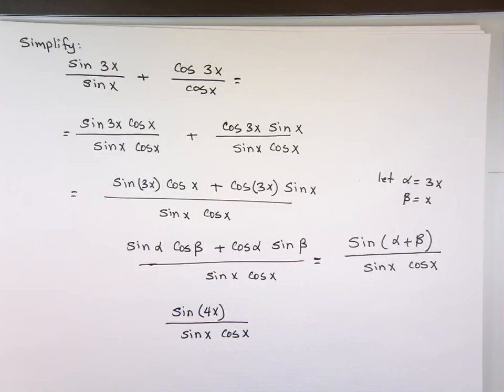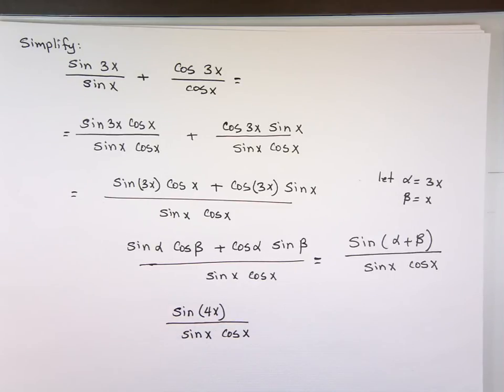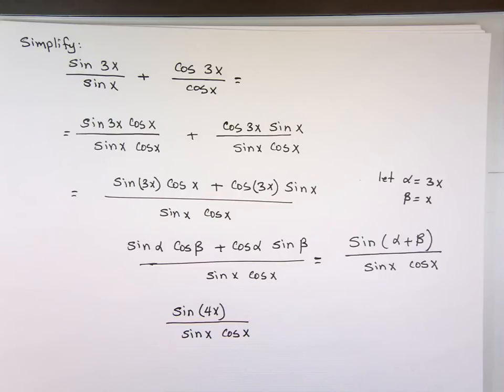Trying to hope to cancel something in the bottom. That's what I'm hoping to. How am I going to cancel? I can't cancel sine x with sine 4x. Again, this is like sine 20 degrees in the bottom, sine 80 on the top. Can't cancel them. Any idea?